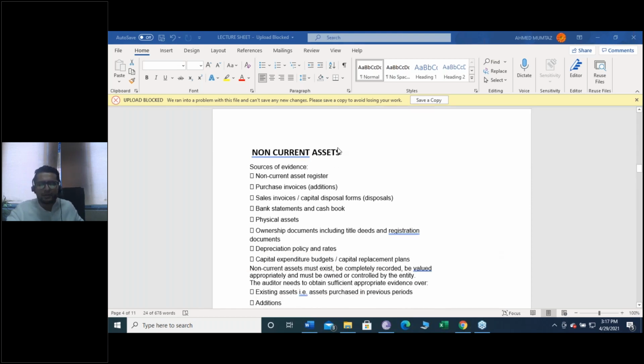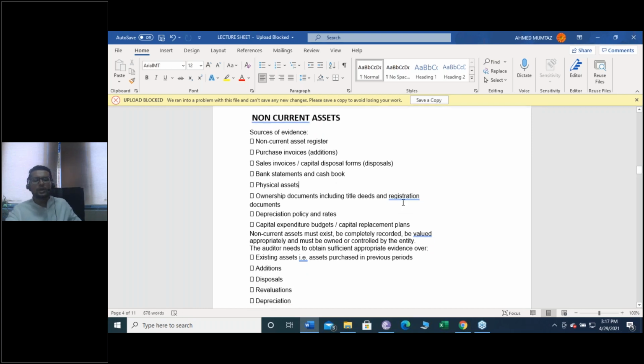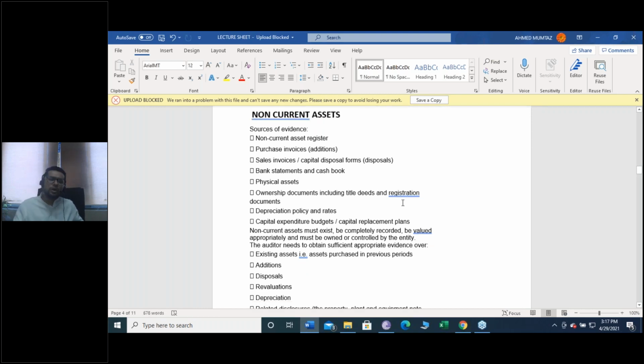Let's discuss another thing, non-current assets. What do you think about non-current assets? When I think about non-current assets, there are certain things which come to my mind. The non-current asset register, those non-current assets which have been purchased during the year or before the year end, the invoices.